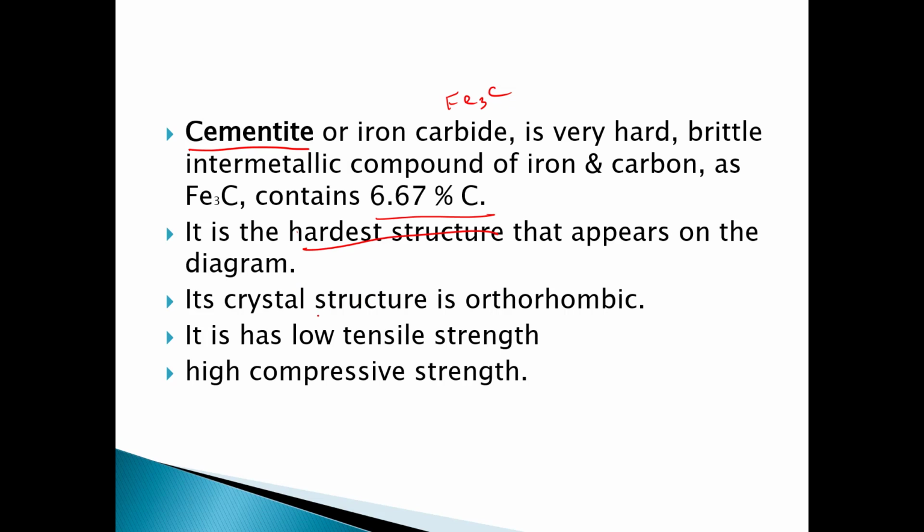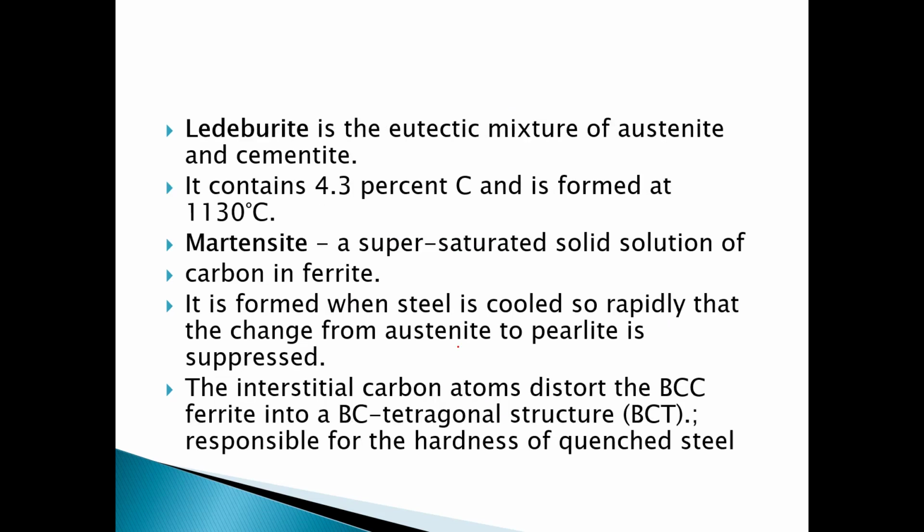Its crystal structure is orthorhombic. It has low tensile strength and high compressive strength. Ledeburite is the eutectic mixture of austenite and cementite. It contains 4.3% of carbon and it is formed at 1130 degrees Celsius.